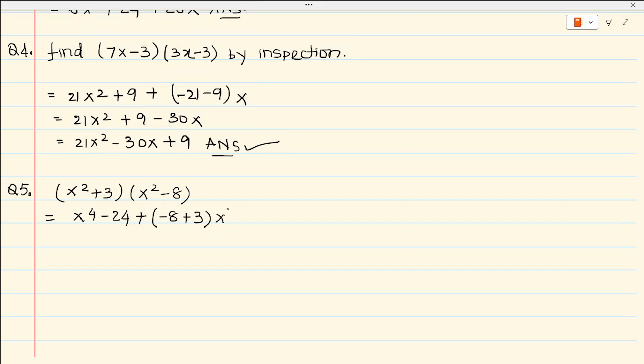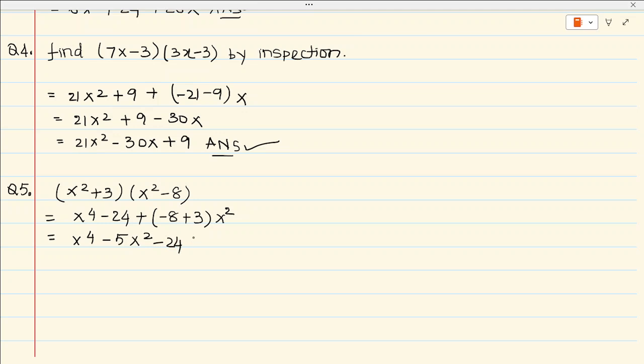with the coefficient, so with x square, this is the common term. So finally what we get, x4, if we sum up we will get minus 5x square minus 24.